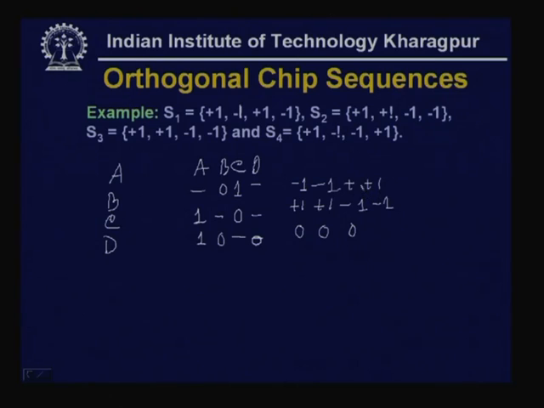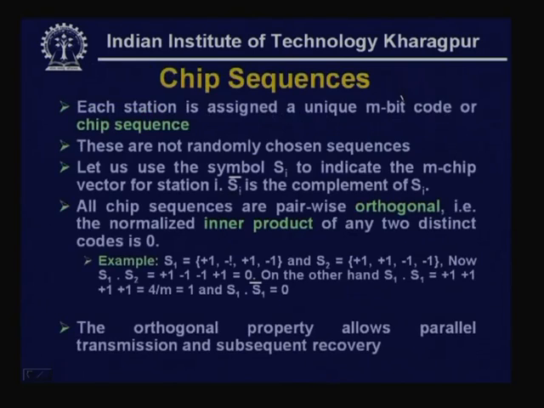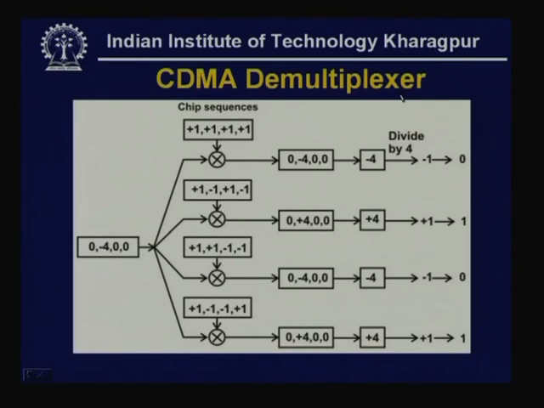So, it becomes plus 1, plus 1, and here I think there is something wrong in this. These two cannot be same, S1, S2, S3 and S4. Let us look at the S3 code. S3 is plus 1, plus 1, minus 1, minus 1, that was plus 1, minus 1, plus 1, minus 1.